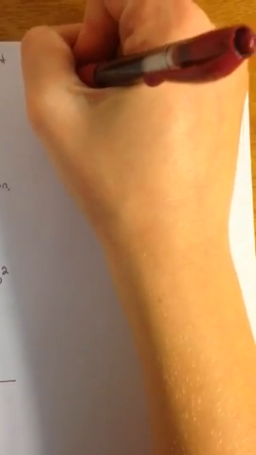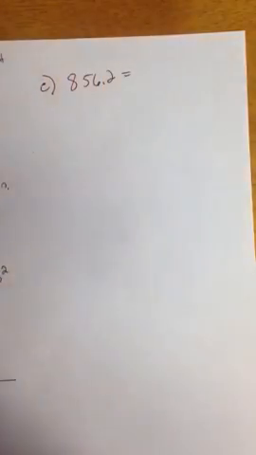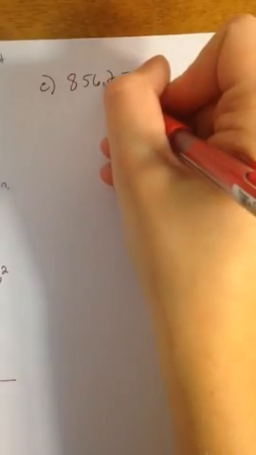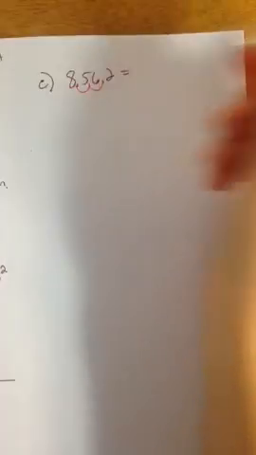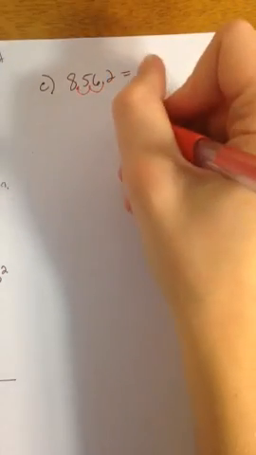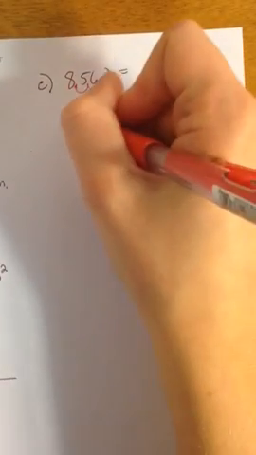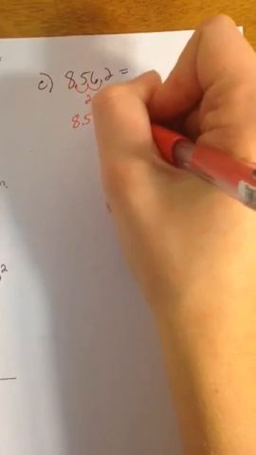So another one, we'll call this C, 856.2, and I'm still writing this in scientific notation. I'm moving it 2 to the left. So I'm making a bigger number smaller. So that means I want a positive exponent because I started off bigger. And since I moved 2 places, it's 8.562 times 10 squared.